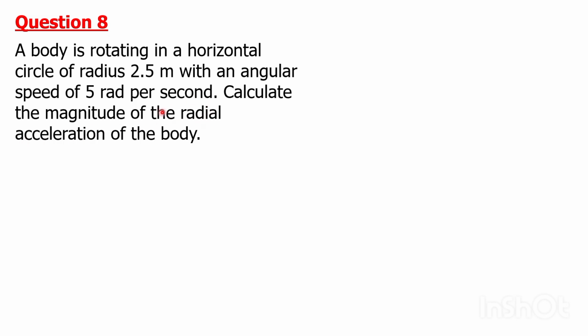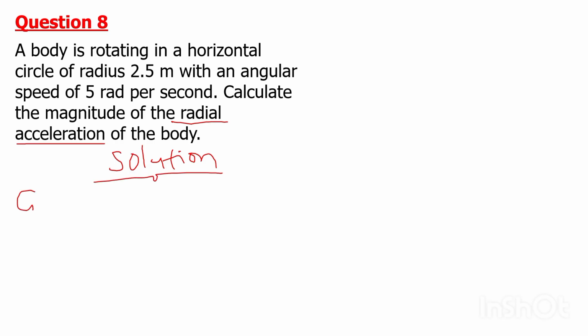I brought out this particular one from JAMB past questions, so that once you see it, you will not be confused. You're looking for the acceleration. Some students will ask in class, we were not taught that, but please note that it is still the centripetal acceleration that we are looking for.